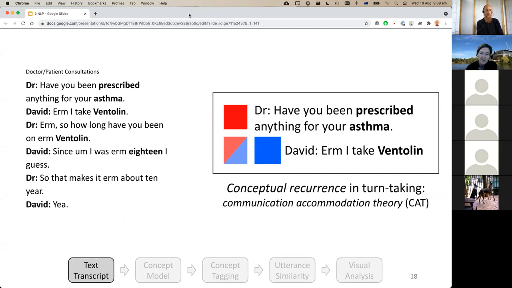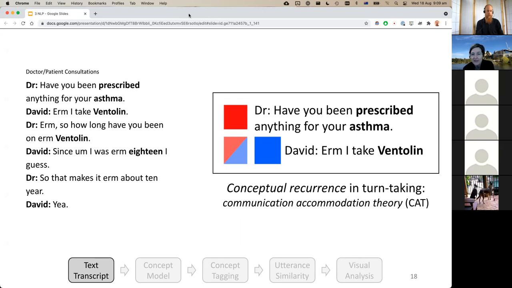On this slide, on the left, we have a doctor-patient consultation. The doctor says, "Have you been prescribed anything for your asthma?" And the patient, David, says, "I take Ventolin." The doctor says, "So how long have you been on Ventolin?"